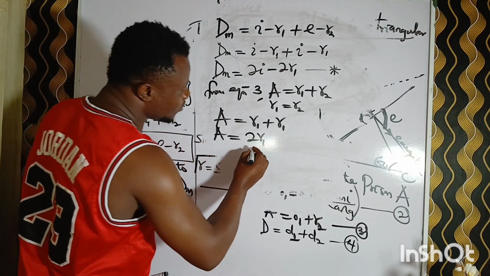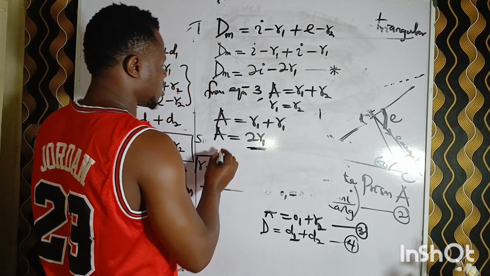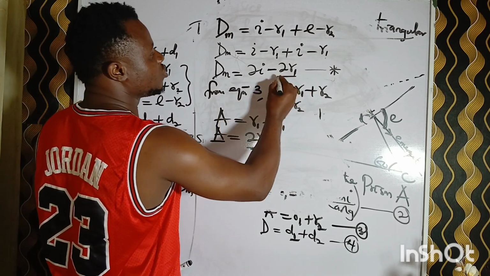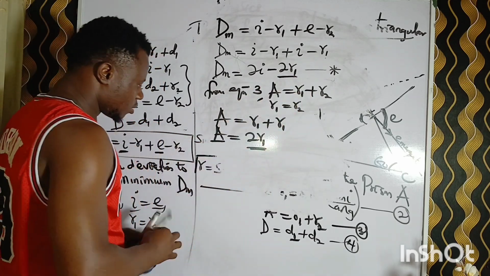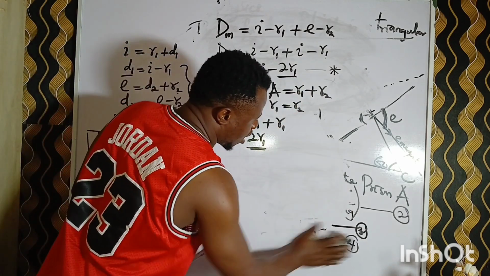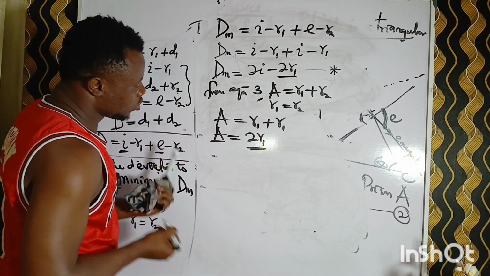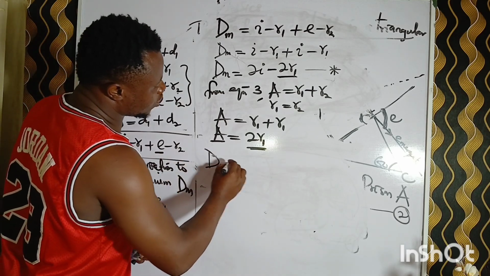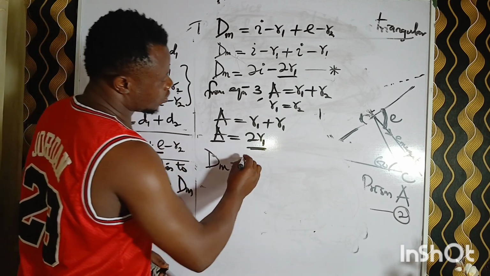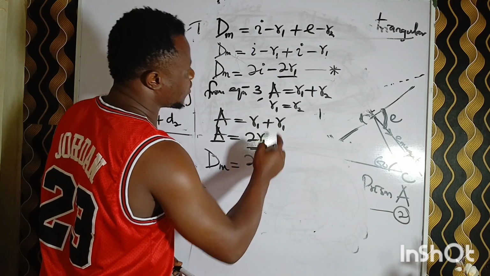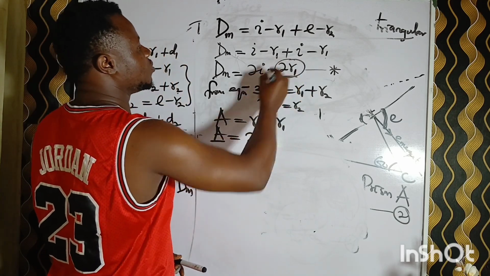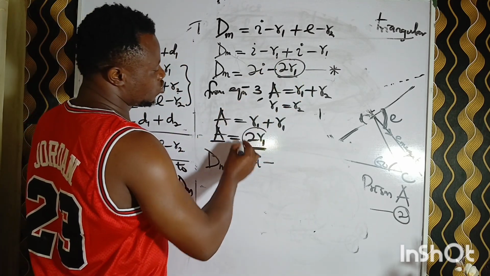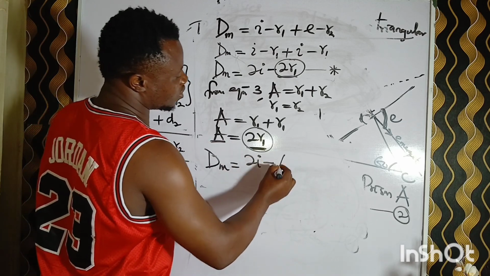So any place I see this 2R1, I will also call it A. So I will now conclude that the minimum deviation is equal to 2I minus this one, which is 2R1, and 2R1 can be represented with A.